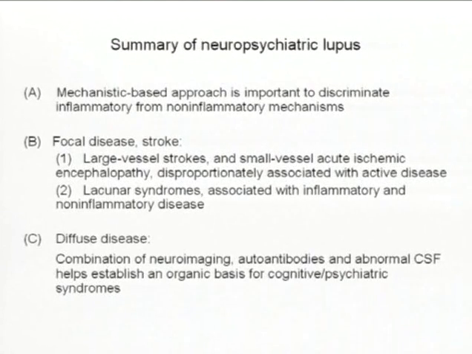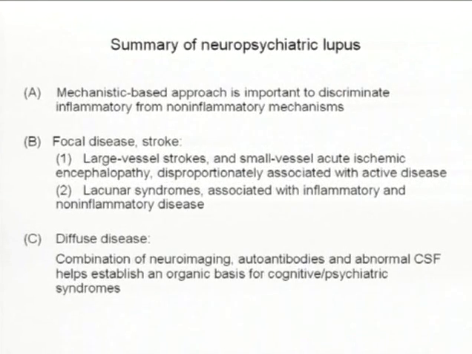So to summarize what we've talked about with neuropsychiatric lupus, a mechanistic-based approach is really important to establish whether we're dealing with inflammatory or non-inflammatory mechanisms. For strokes in terms of focal disease, large vessel strokes, and a particular subtype of small vessel strokes, what I refer to as acute ischemic encephalopathy, is disproportionately associated with active disease.